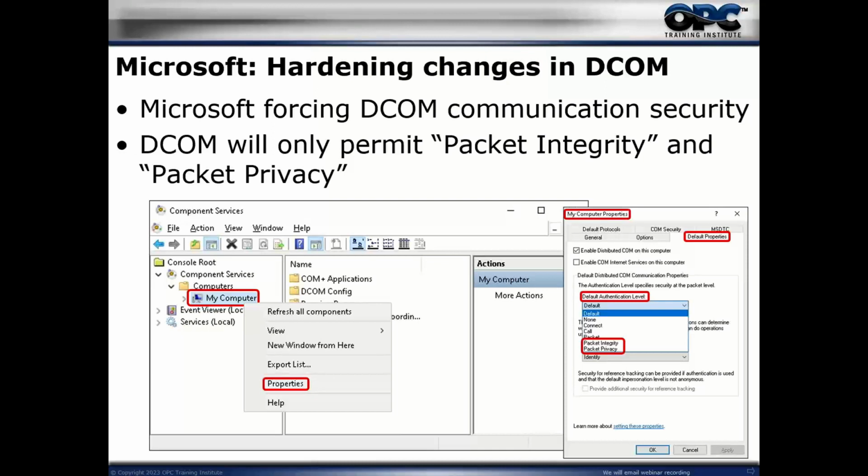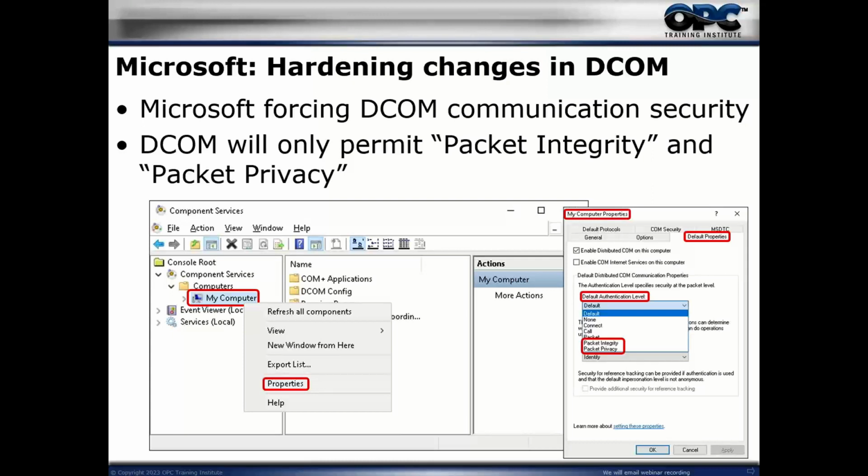Does the problem happen for all types of OPC communication or only OPC DA? Good point, Pauline. It's all OPC Classic communication. First of all, it's not OPC UA, because it doesn't use DCOM, but it is OPC DA because it does use DCOM.